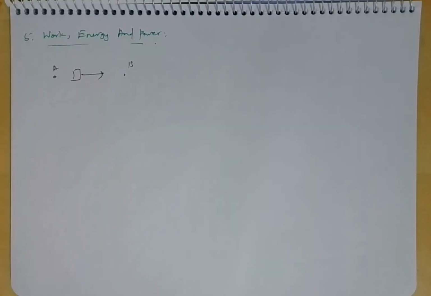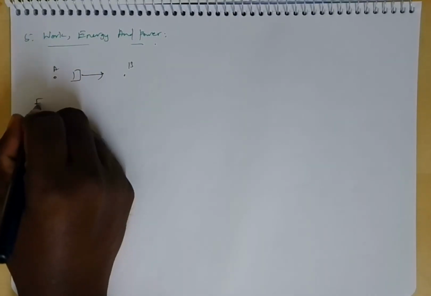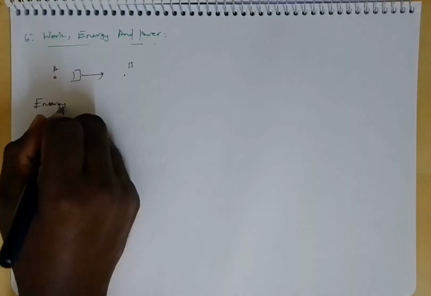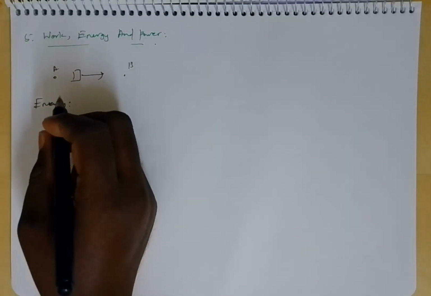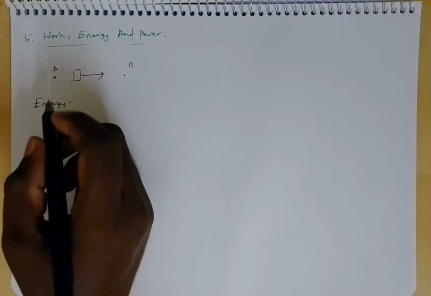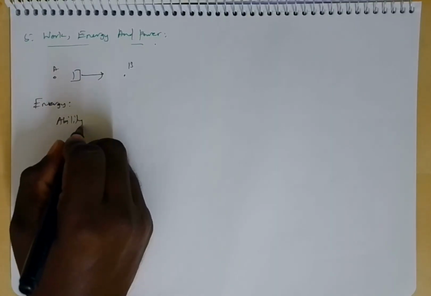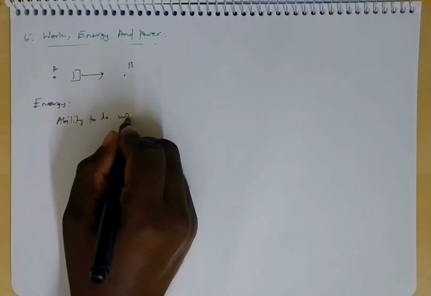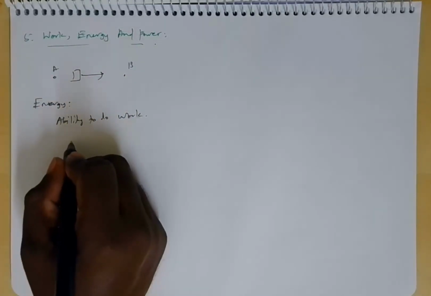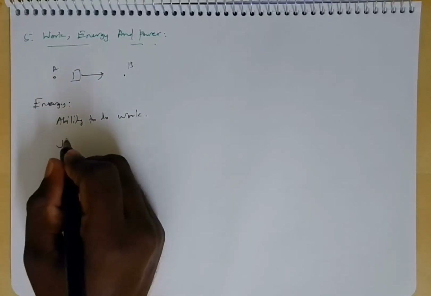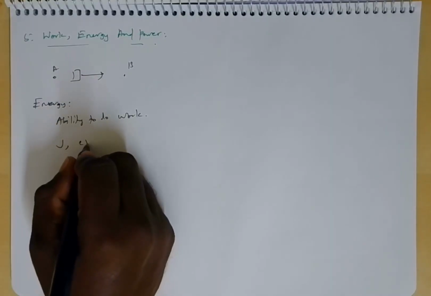Okay. So before going into the chapter, we should understand what is energy. Energy is ability to do work. It is measured in joules. It can be measured in electron volt.